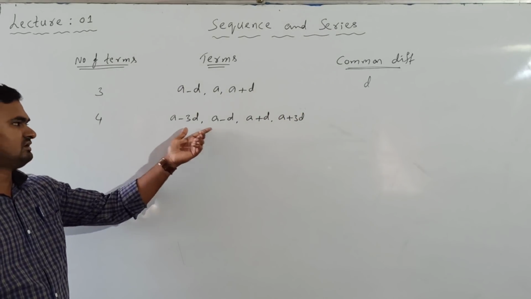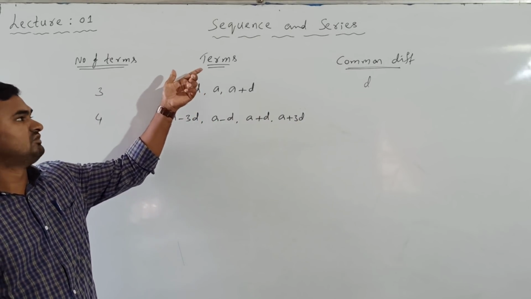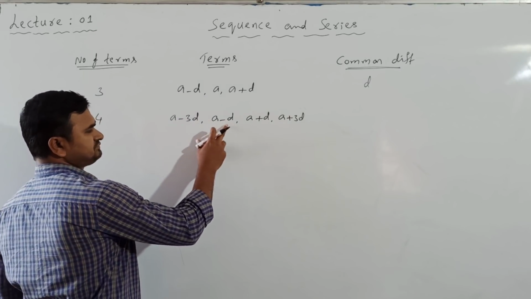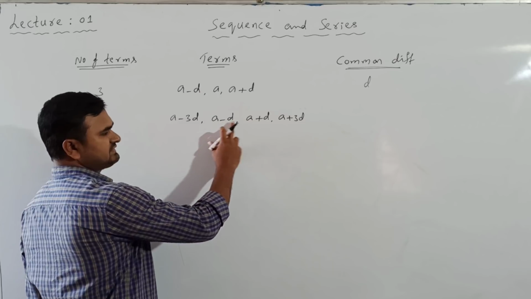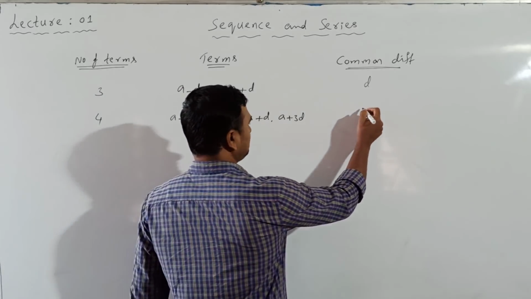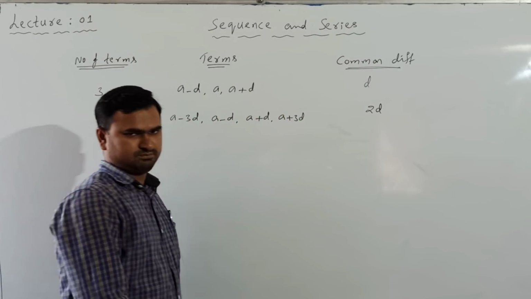You can observe again that the difference between terms must be the same, so that it forms an arithmetic progression. So what is the difference here? It is 2d. These are forming the arithmetic progression with common difference 2d.